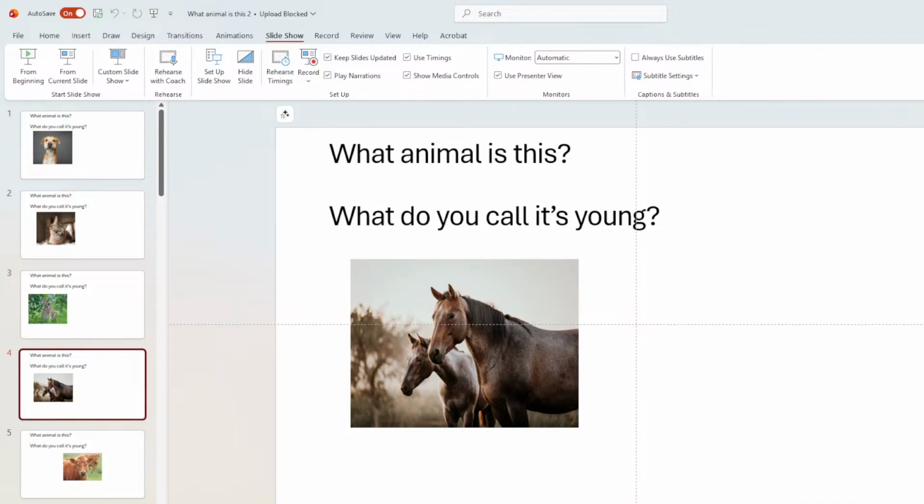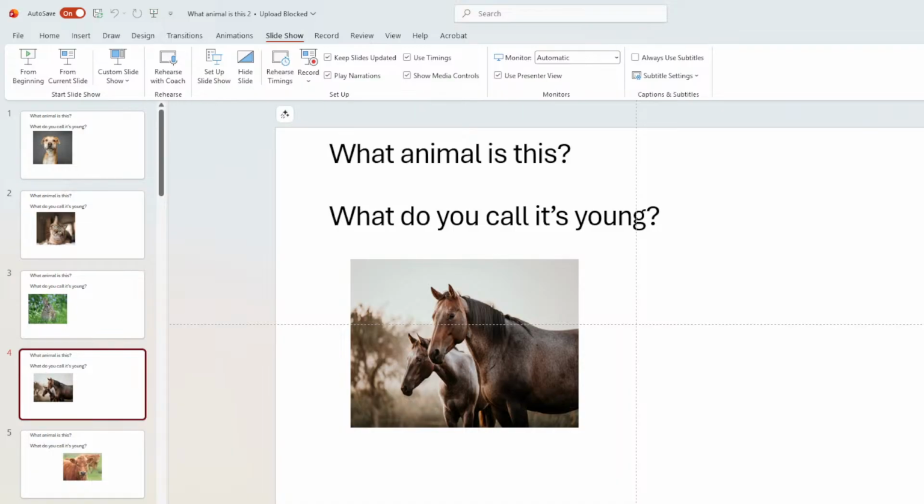Okay. So that animal is obviously a horse. Alright, so most of you know these animals.